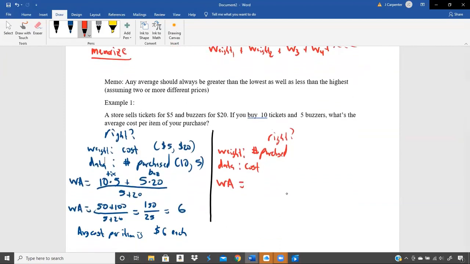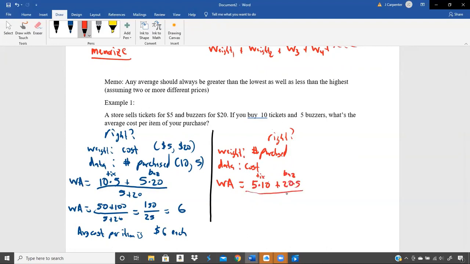So we go the cost, and we're going to go tickets first again, which is $5, times the number of tickets purchased, which is 10. So again, this was for your tickets. Then plus. Now we'll do our buzzers, which the cost was 20 and the number of buzzers was 5. So 20 times 5 all over.